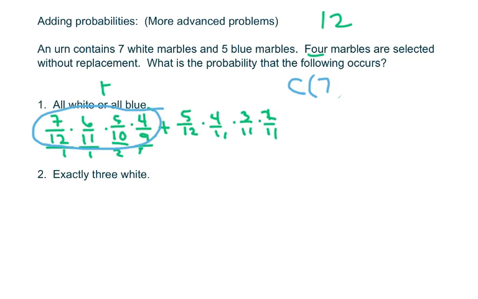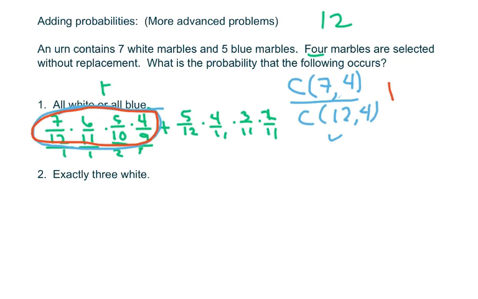So that's 7, and we're taking 4 out of 12, comma 4. All right? If you put this in the calculator and do this, it's the same as what you will get with this. So it's the same thing. Okay? And then for the blue, we have 5 marbles that we're choosing 4 from, selecting 4 over 12, comma 4.